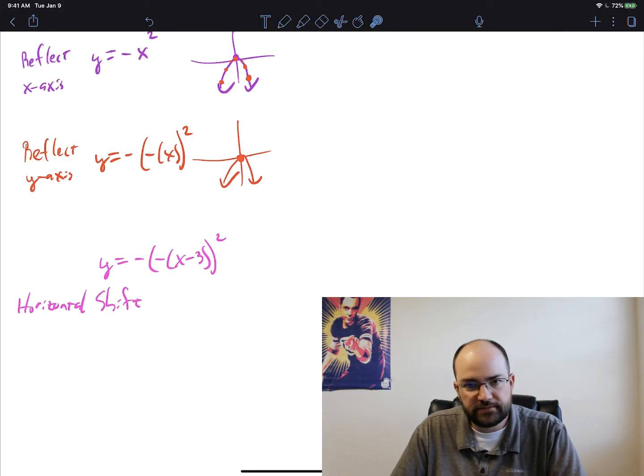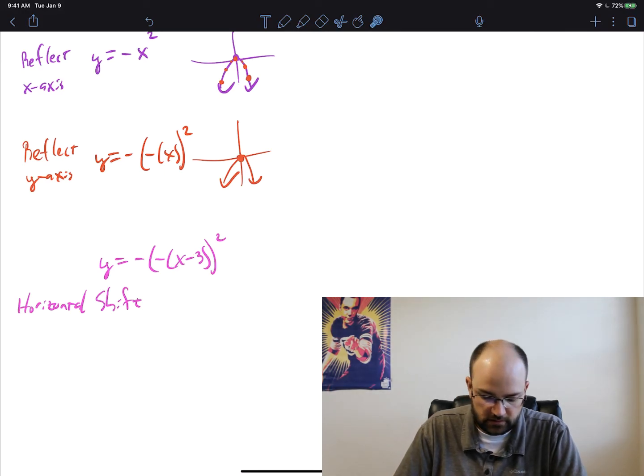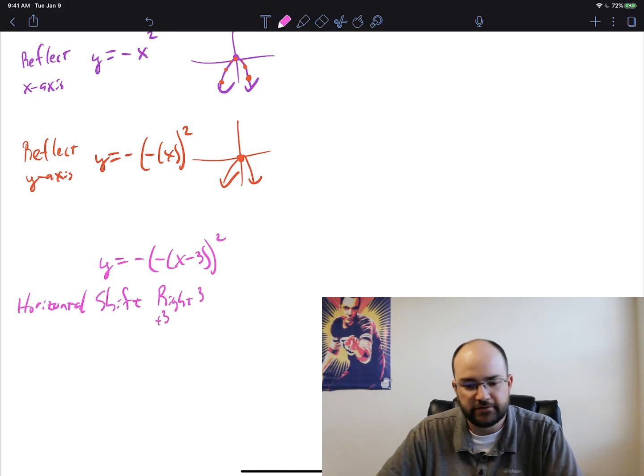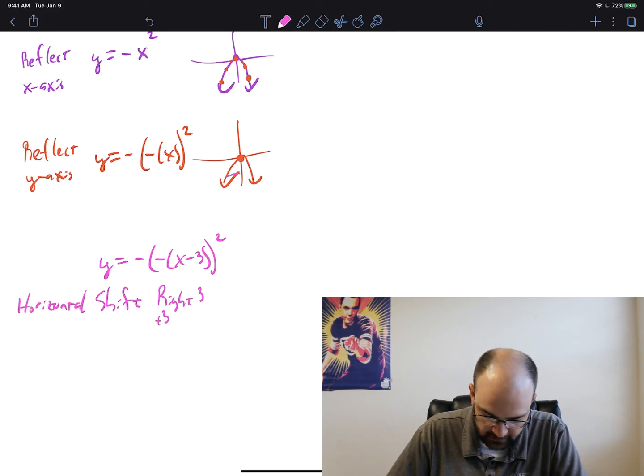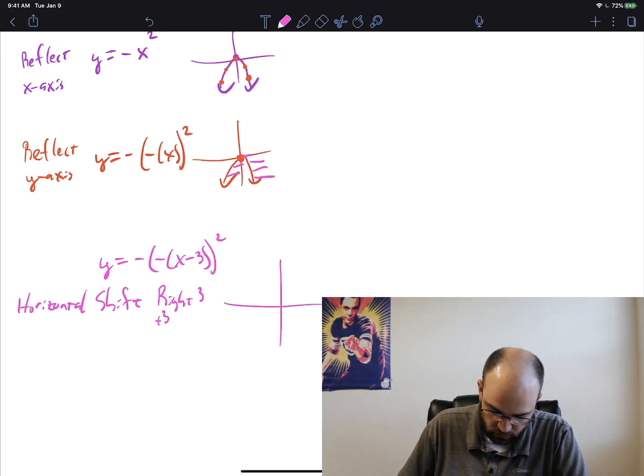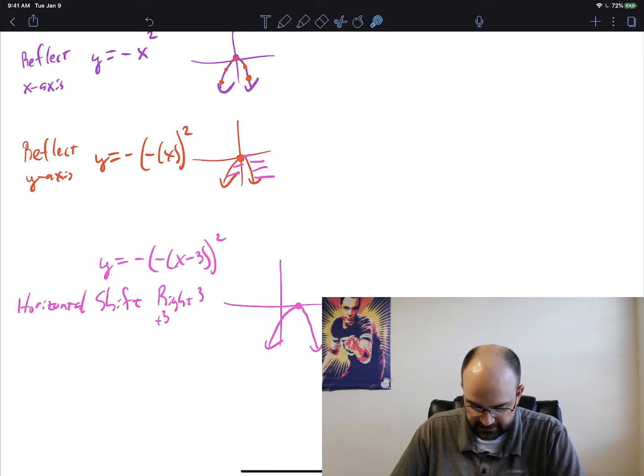And we do the opposite because it's to the x's. Since it says negative 3, we're going to add 3. In other words, we're going to go right 3 units. It's plus 3 to the x values. So all of these are going to go right 3. And that will give me a new graph that looks something like this. Notice that the origin is now at 3, 0.